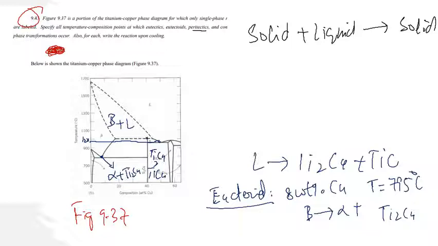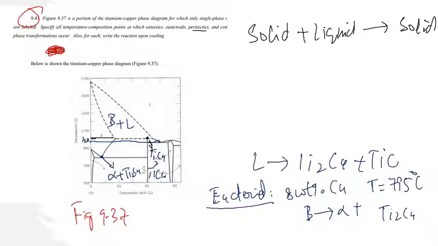At this point, it converts to another solid, which is just above the 1000 temperature.